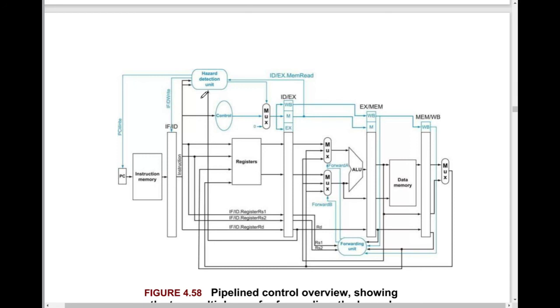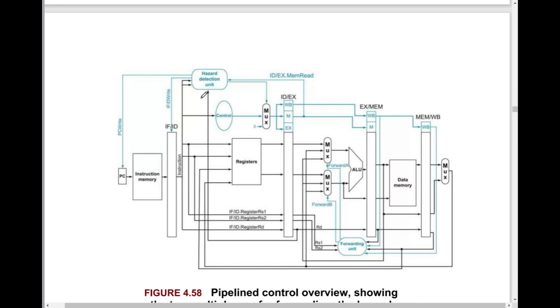Because if there is a load and then immediately there is an R-type instruction, then there will be a hazard. It means that the RD of IDEX, if it is dependent on the RS1 of IFID or RS2 of IFID, then there is definitely a hazard.